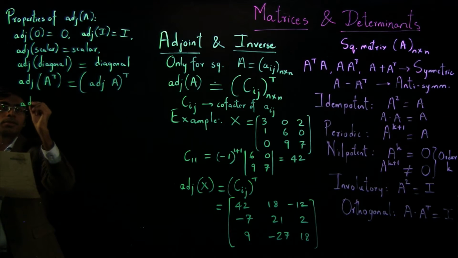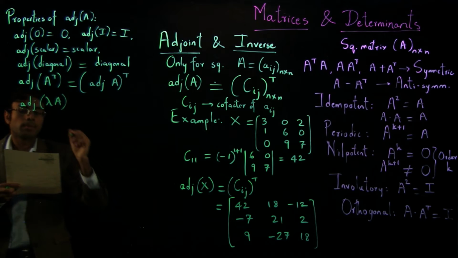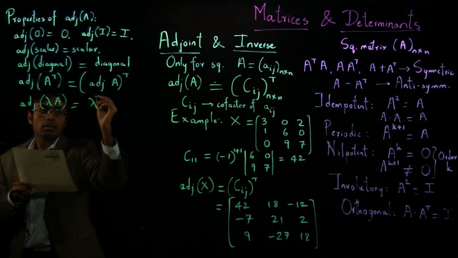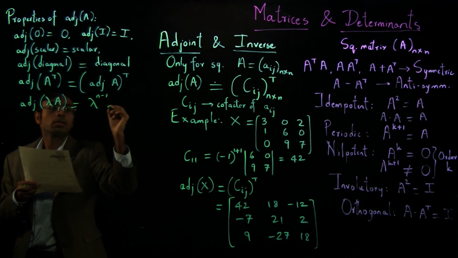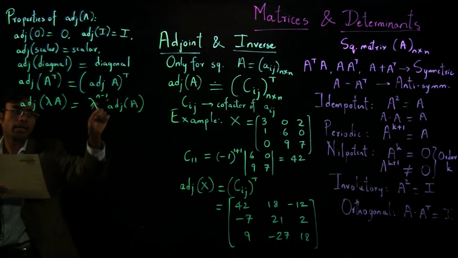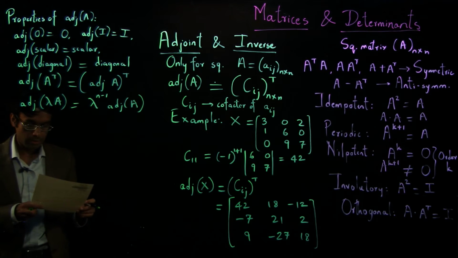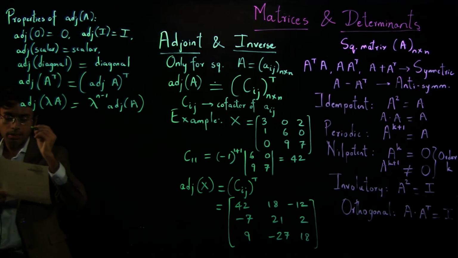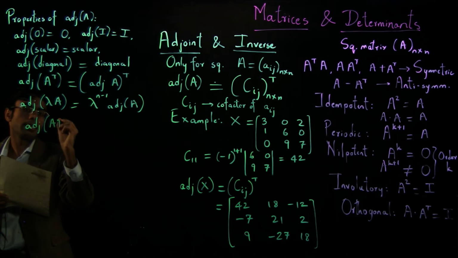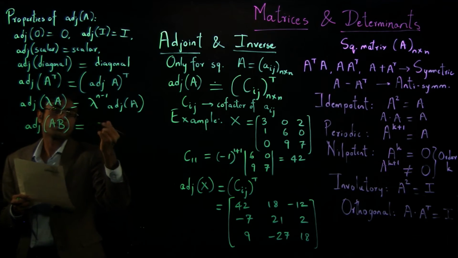And then if you take the adjoint of a scalar multiple of a matrix, it is lambda to the n minus 1 times adjoint of A, where n is the order of the matrix. Then for a product, if you have two matrices multiplied, A B, and you take the adjoint, then the order flips.